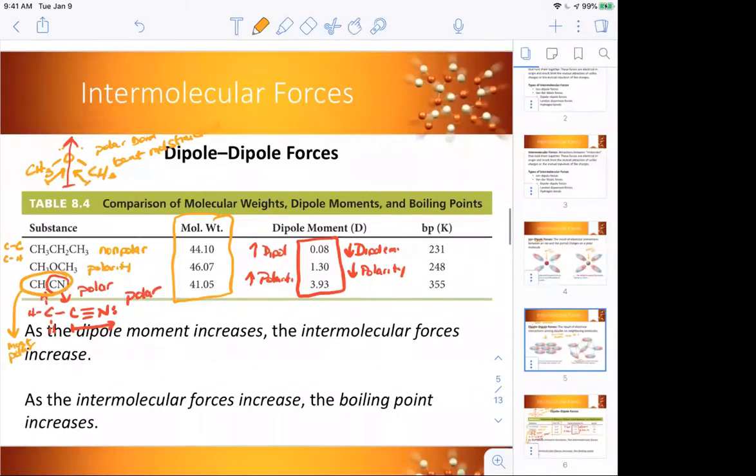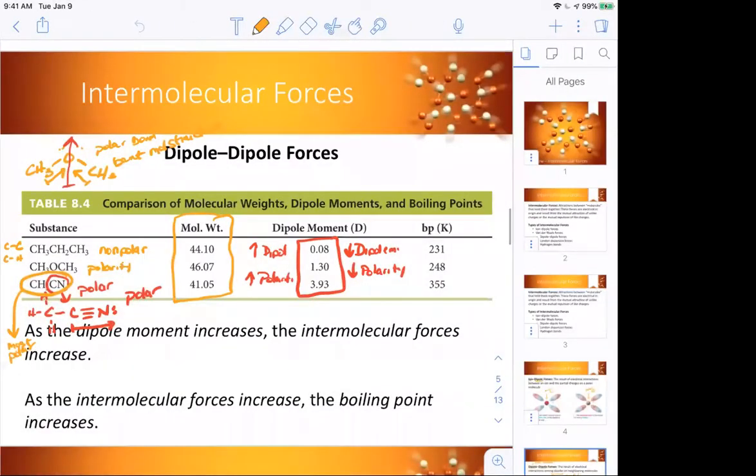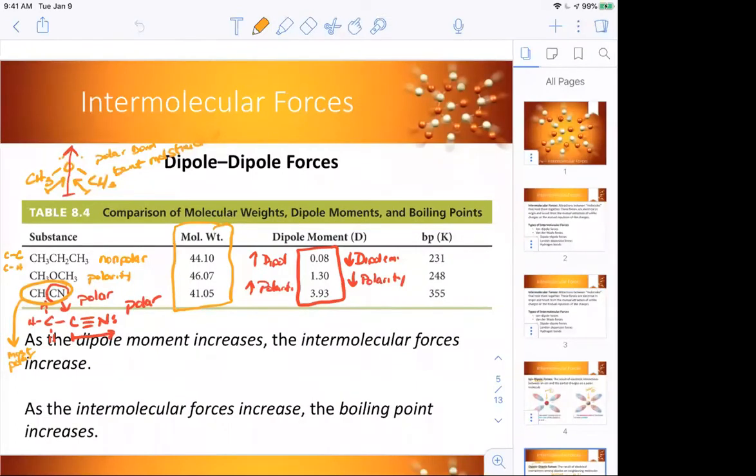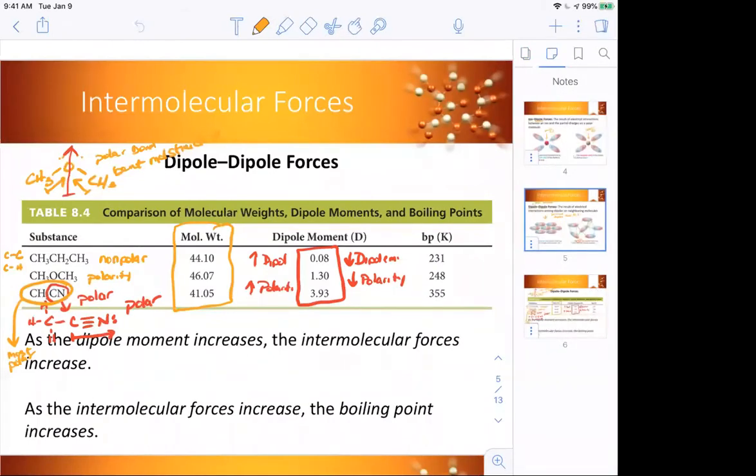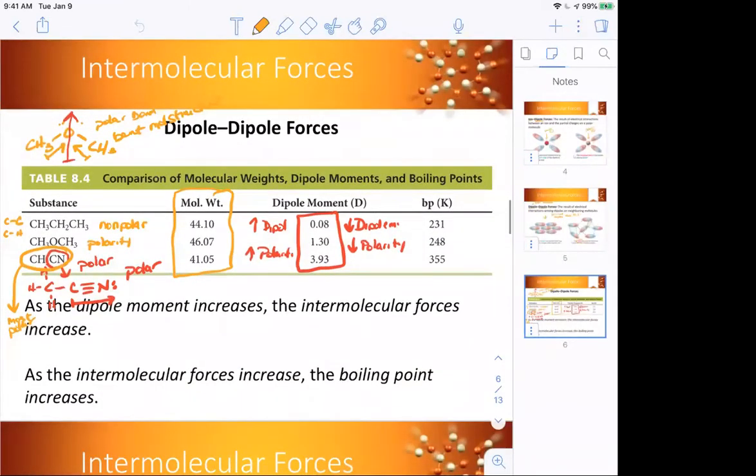So what I want to do is make sure that I'm comparing the same type of structure. So these guys are actually the same molecular weight, more or less, which means they're sort of the same size.